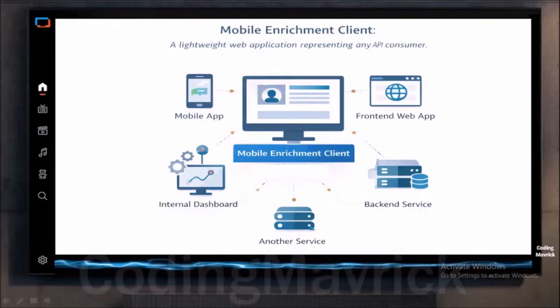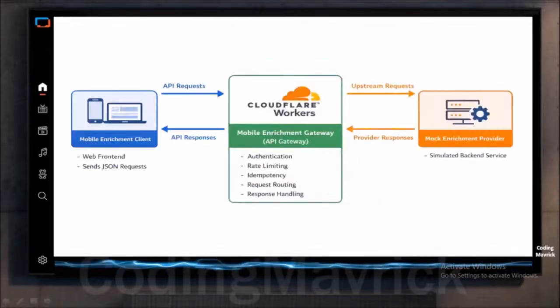The client's responsibility is intentionally minimal. It collects user input, sends a clean JSON request to the gateway, and displays the response. The client does not handle authentication, rate limiting, provider selection, or error mapping. All of that logic is centralized inside the API gateway, exactly where it belongs.